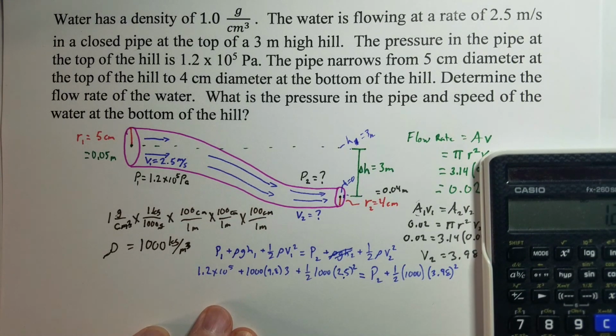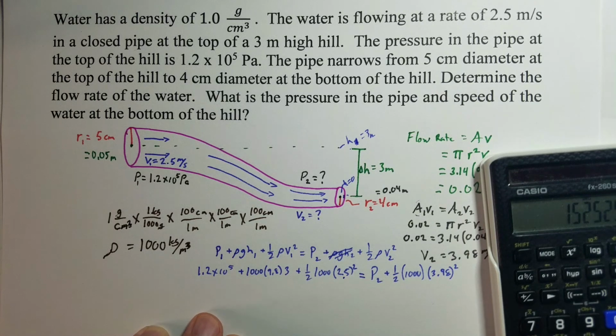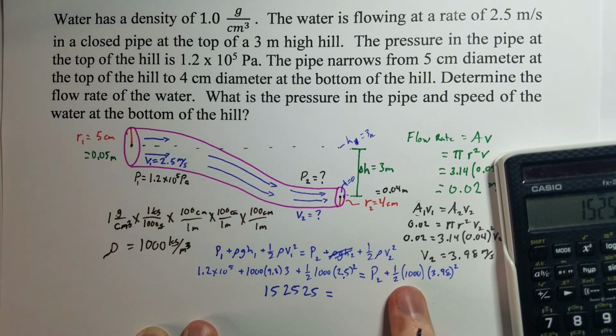So 1.2 times 10 to the 5th plus 1,000 times 9.8 times 3 plus 0.5 times 1,000 times 2.5 squared, that whole mess becomes 152,525, equals, let's go ahead and calculate this.